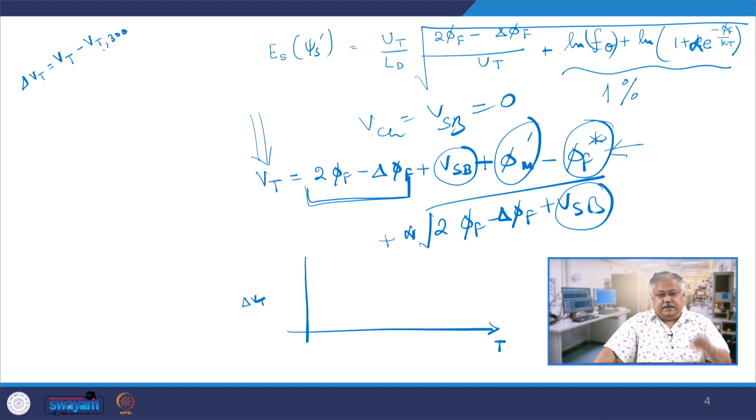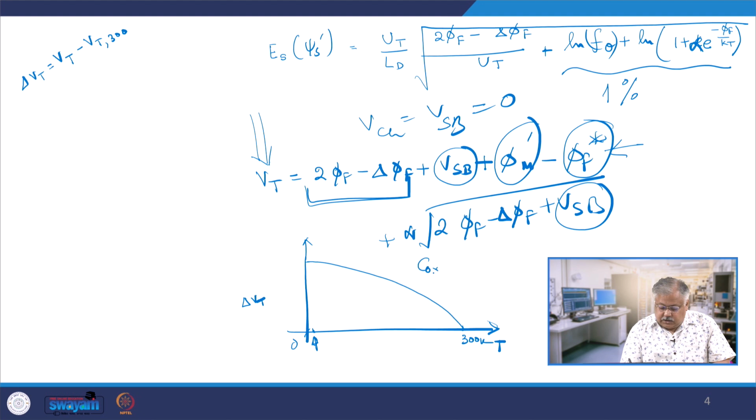So, threshold voltage at any temperature T minus the original value of threshold voltage at 300 Kelvin. The difference between the two is delta Vt. So, at 0 Kelvin it has some value, and as it goes down, this actually starts to become like this. This happens at 300 Kelvin. This is approximately at 4 Kelvin. This is 0 Kelvin. This is the temperature scale which we are seeing.